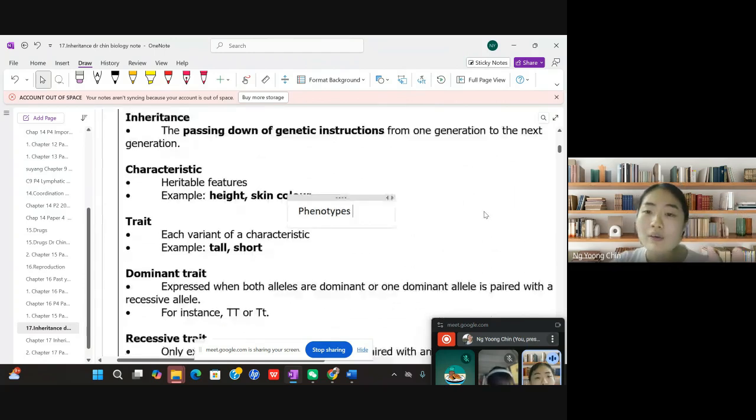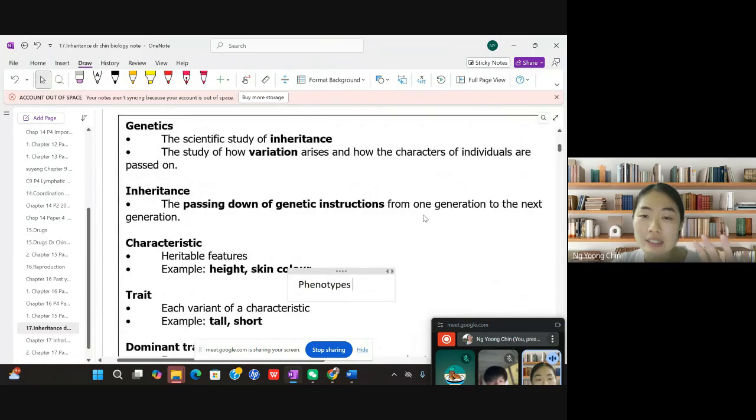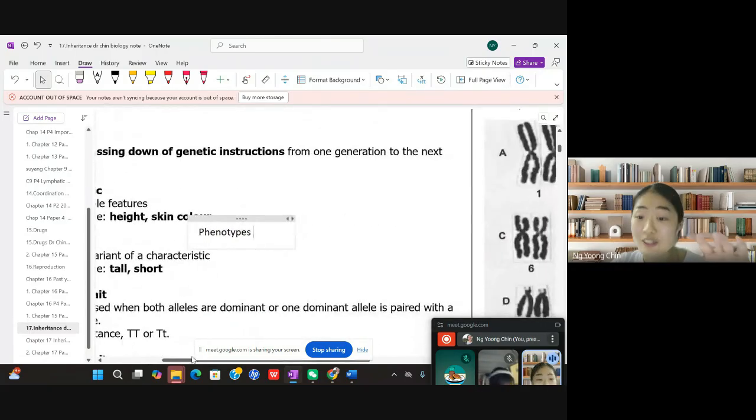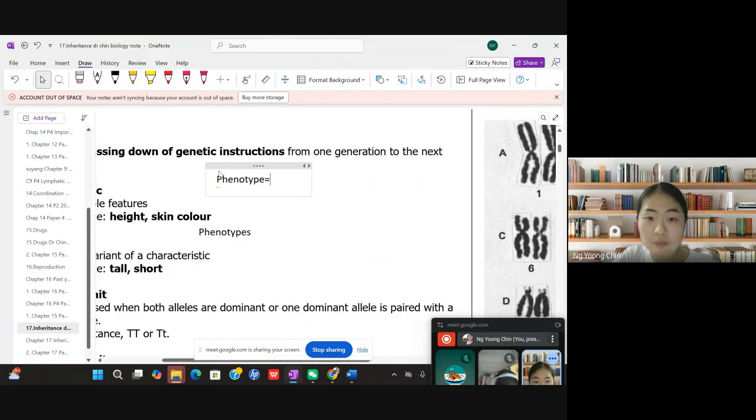And also, have you heard of this equation before? This is a very important equation when you study inheritance. Okay, this is not found in your textbook, but I just want to show you. It's something like this. Phenotype equals genotype plus environmental factors.